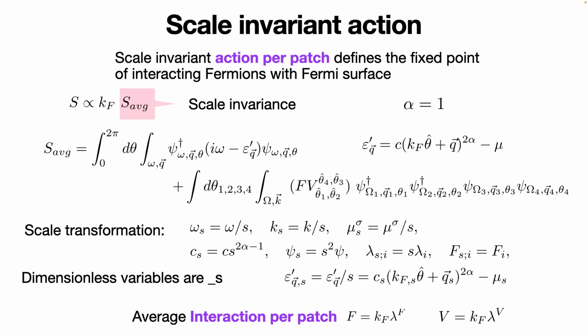That scale invariant action can define the fixed point of the Fermi liquid phase. By doing this, we actually define an effective interaction in the interacting fermionic system. So it's no longer the bare interaction, it's enhanced by the zero energy volume, that's KF to the power alpha, with alpha equal to 0 or alpha equal to 1.